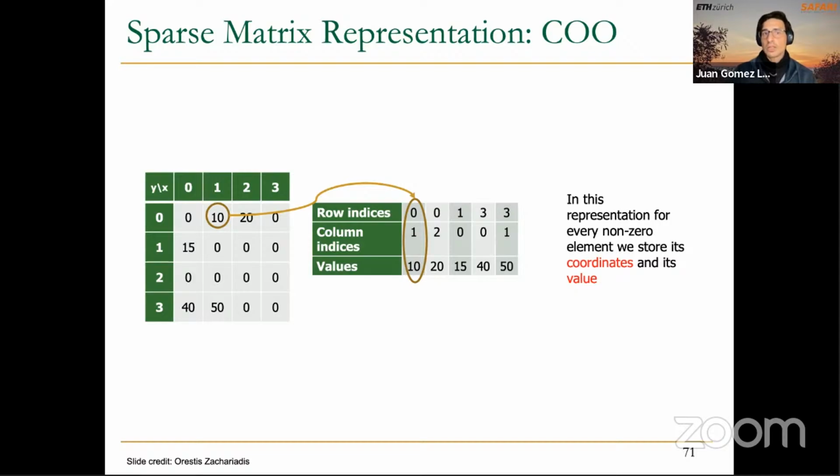Remember that some of the sparse matrix representations that we have presented in today's lecture focus on compressing individual elements. For example, in COO, we only store the values that are non-zero, and we store the row and column index of each value.